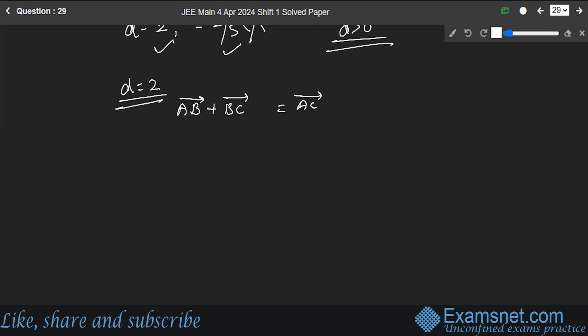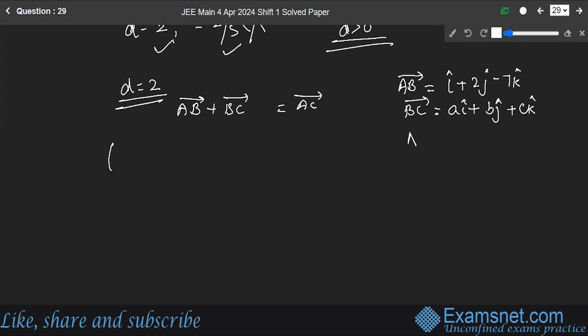Okay, so what was your AB? Let's write down the vectors now. Let's write it over here. Your AB vector was i plus 2j minus 7k, BC was ai plus bj plus ck, and AC was 6i plus 2dj minus 2k.